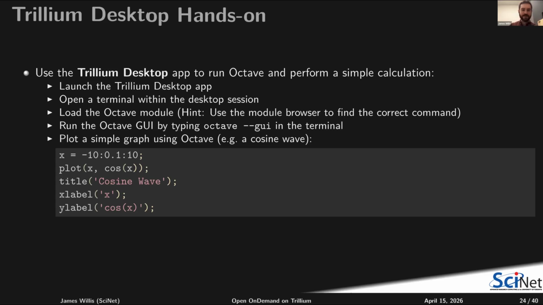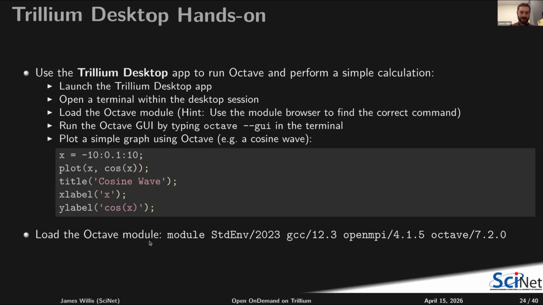Actually, no, that's wrong. It should be module load. There's a missing load here. So I'll give you 5 minutes to do that, and we're here if you have any problems.